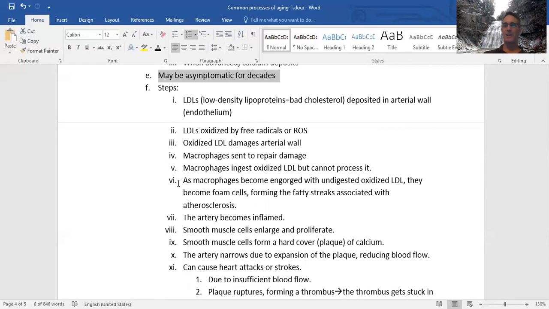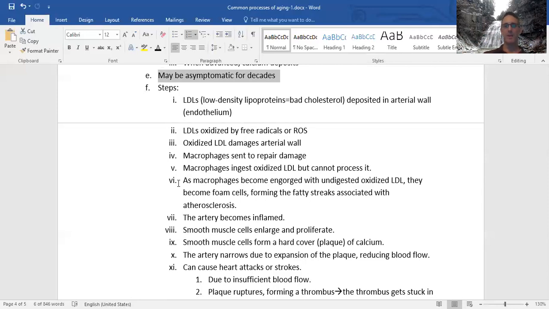Well, oxidized LDL is not good, and it can actually, in turn, damage that arterial wall. Well, now you've damaged something. When you damage something, you have an inflammation process. When you have inflammation, macrophages go there to clean up any of the damage. So that's where the macrophages come from. They get called in by the cytokines that are sending out the signal because there's damage.